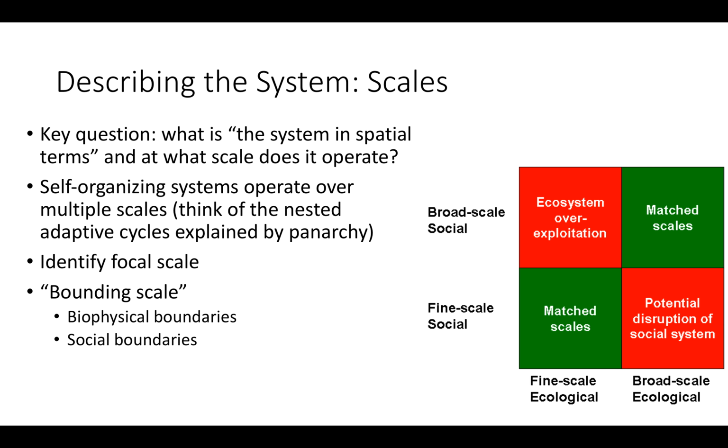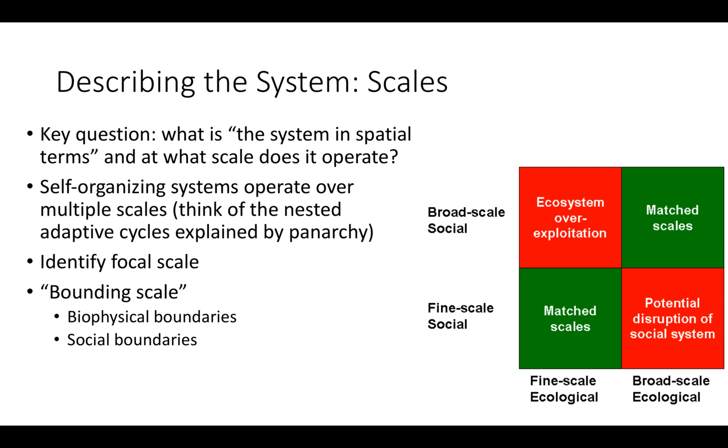This is a real simple 2x2 matrix, but you can see something that's called scale mismatch. So if we're thinking at a broad scale socially and a broad scale ecologically, then we have matched scales. Thinking about a broad scale socially and a fine scale ecologically, the ecosystem can become overexploited.